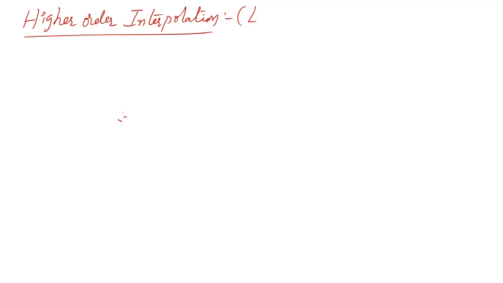Now finally, Lagrange's higher order interpolation. What is the meaning of this? It's the final Lagrange's interpolation for n distinct points. Nothing but one can write the Lagrange's interpolation formula, not linear, not quadratic, the general formula. What is that?